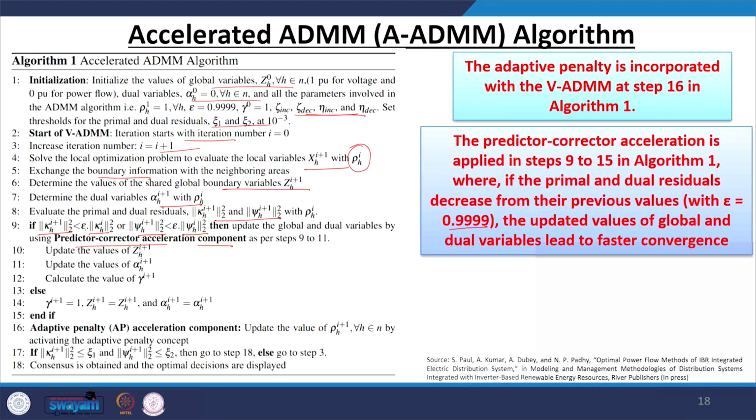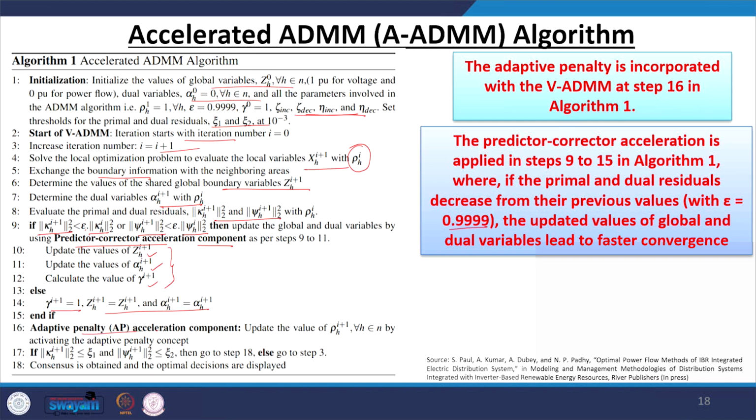So, if it is lesser, then your predictor-corrector will be activated and will update the global, then your dual variable and your gamma by following the method. And if it is not updating, then you have to keep gamma equal to 1, and your solution will be the previous iteration solution, whatever you have derived. You need not activate your predictor-corrector acceleration.